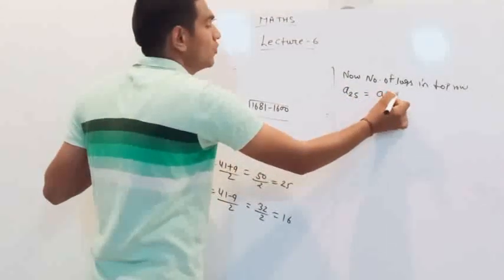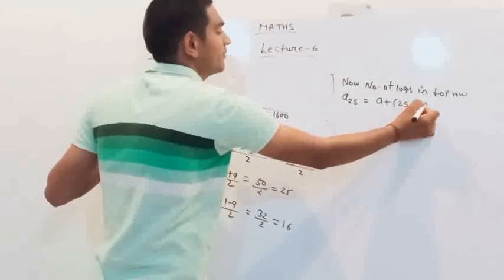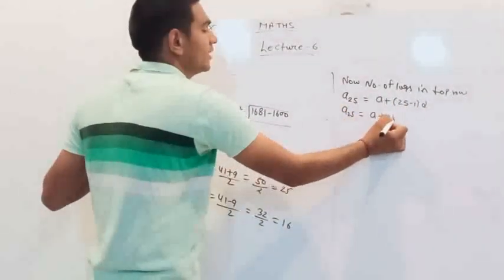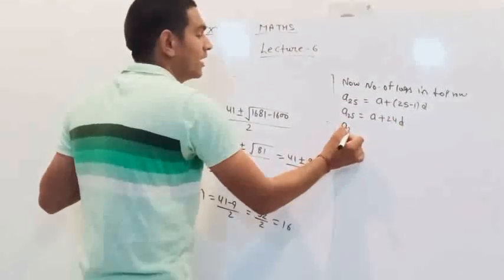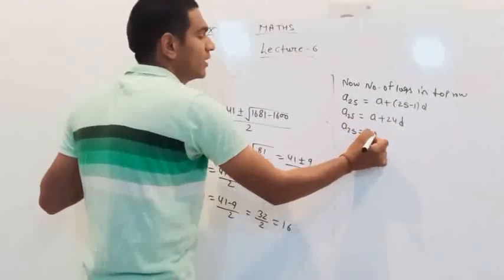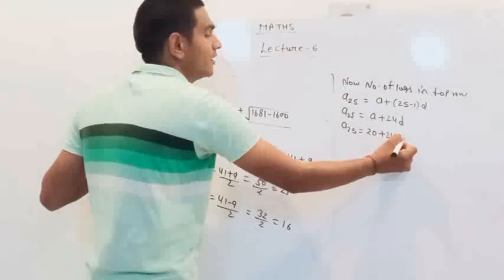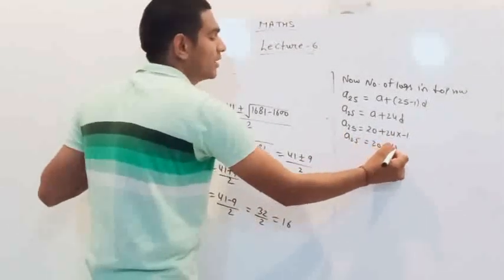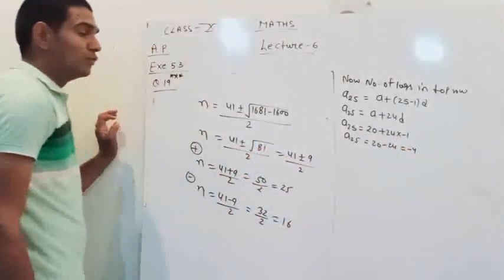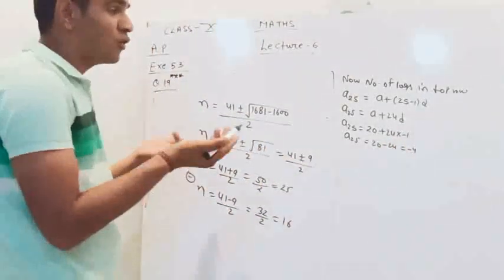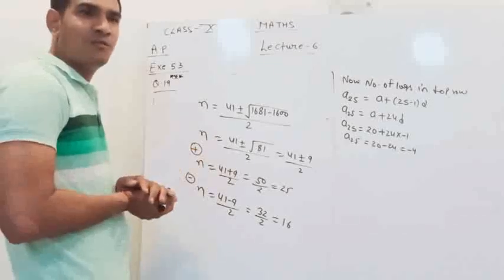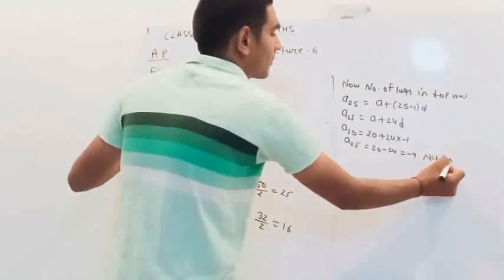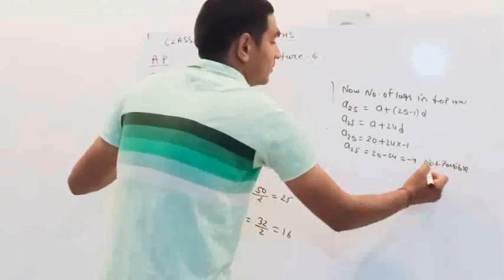a25 is equal to a plus 25 minus 1 into d, so a25 equals a plus 24d. The value of a is 20 and d is minus 1, so a25 is 20 minus 24, which is minus 4. Minus 4 logs, minus 4 wooden sticks is not possible.